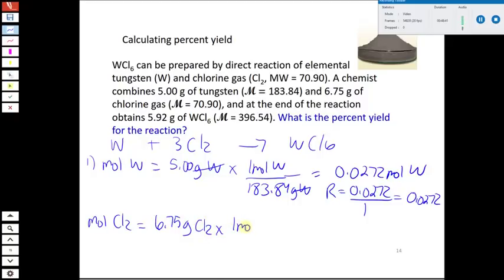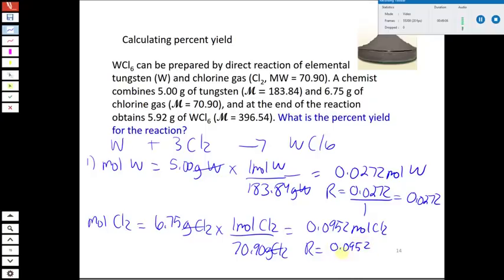We convert to moles using the molar mass of chlorine gas, which is given here as 70.9. And we get 0.0952 moles of Cl2. And the stoichiometric ratio is that number divided by the coefficient, which for Cl2 is a 3.